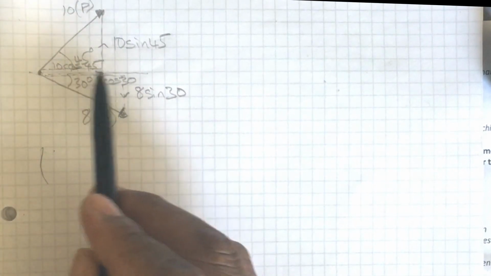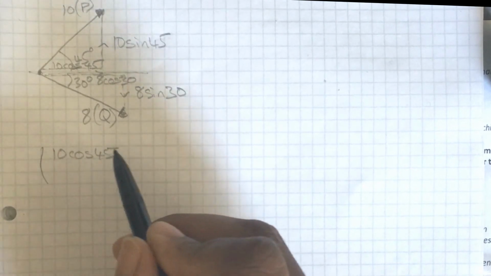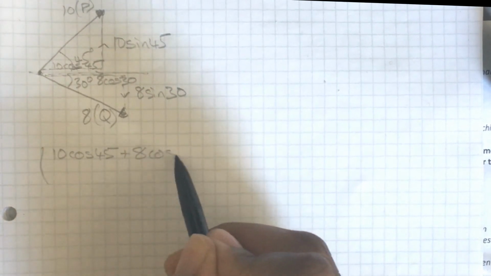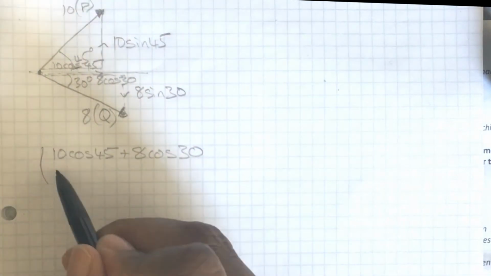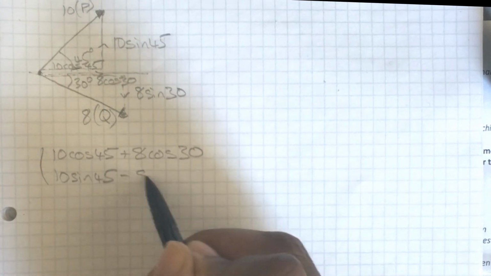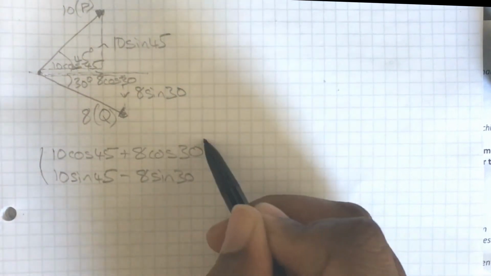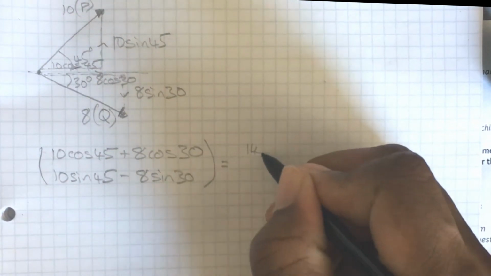So the horizontal component is going to be made up with these two, 10 cosine 45, plus the 8 sine 30. They're both moving in the same direction towards the right. And for the vertical, I've got two opposite directions. So I'm going to be subtracting the 8 sine 30 from 10 sine 45.